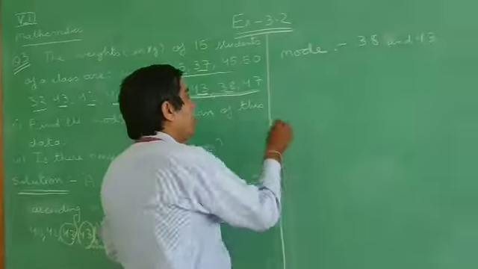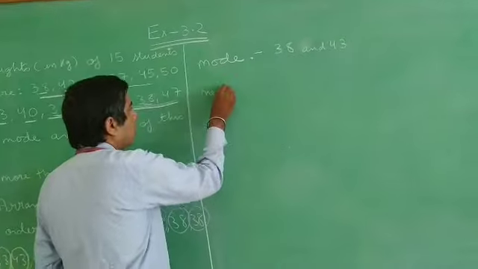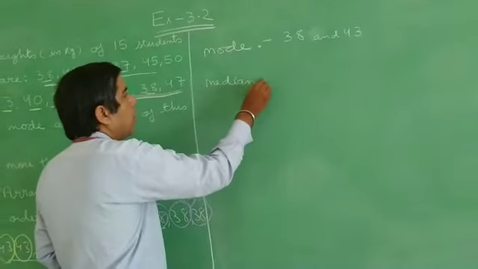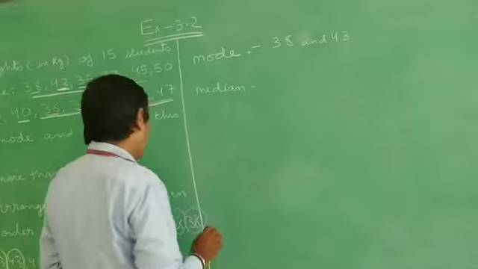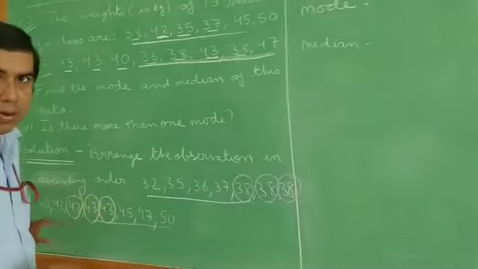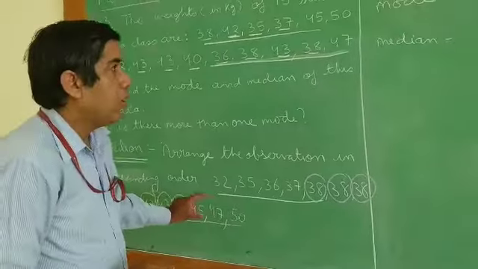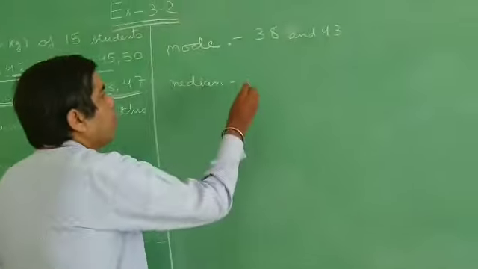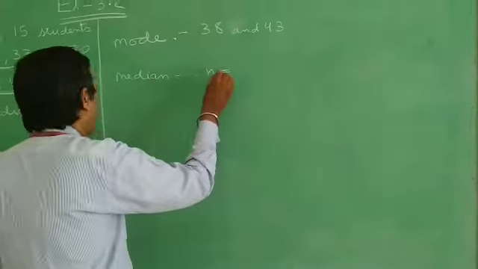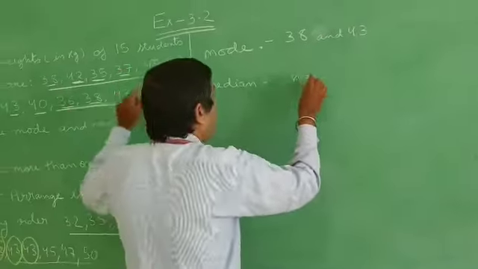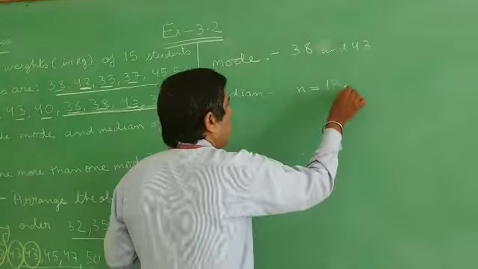Now we will find the median. We are going to use only this ascending order data. So here n is the number of observations. N is equal to how many are there here? We know 15 students and it is an odd number.